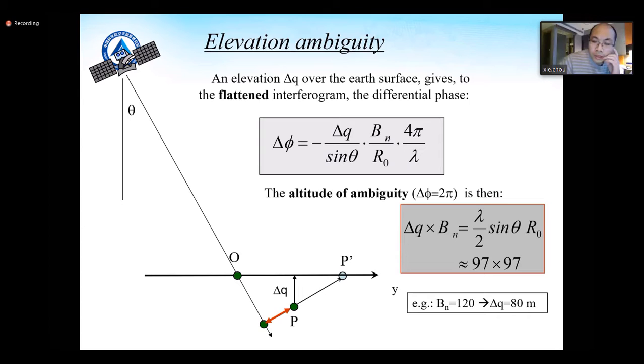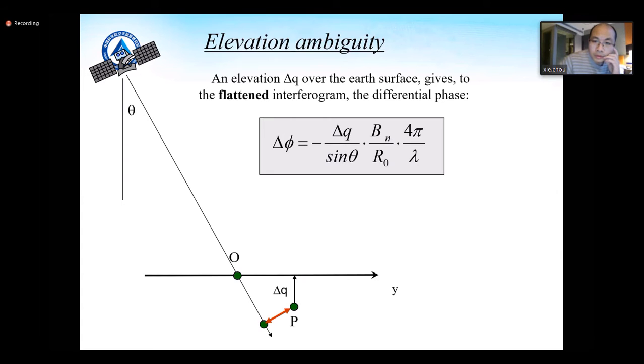So when the perpendicular baseline equals 120, the elevation ambiguity equals 80 meters.